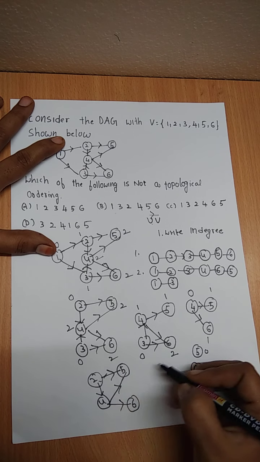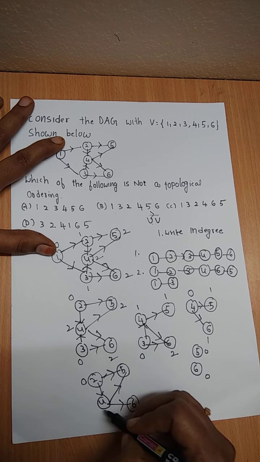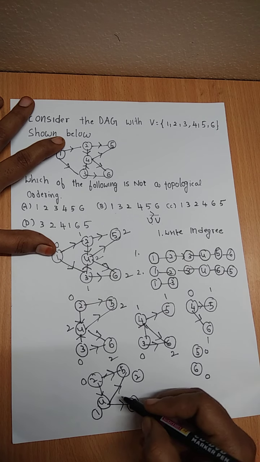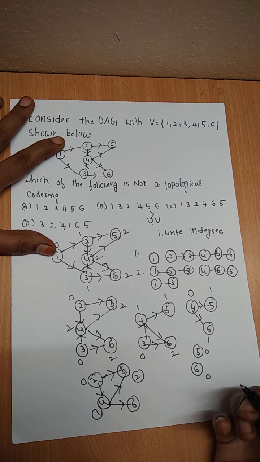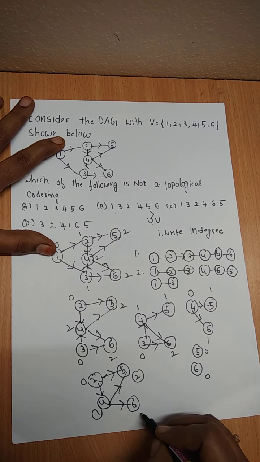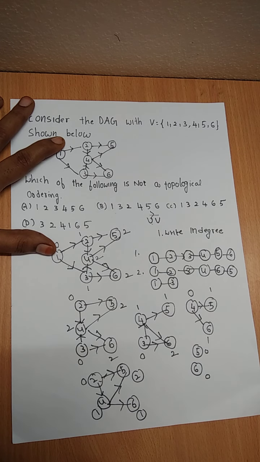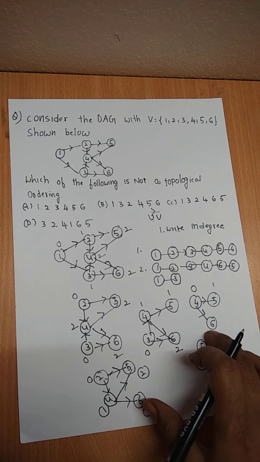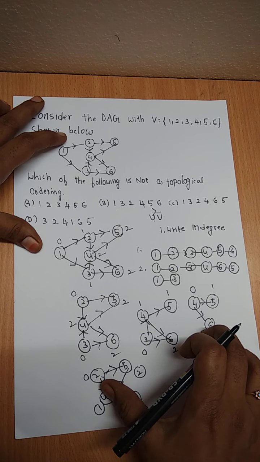Now again write the in degrees for the node 2 0, for the node 4 1, node 5 2, node 6 1. Now, what is the vertex that has the lowest in degree? 2.